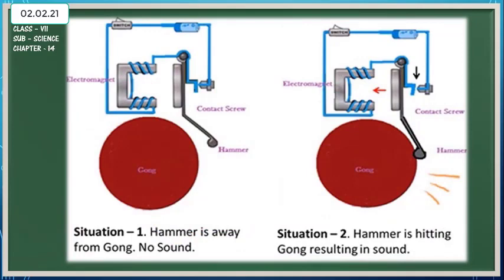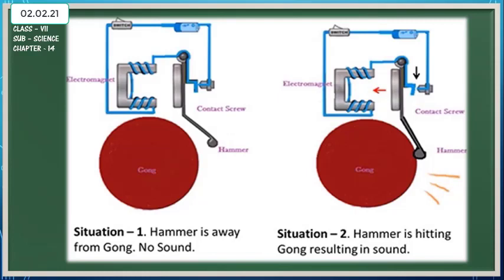As the hammer moves towards the iron piece, it moves away from the contact screw, which breaks the circuit. As the circuit breaks, the wire coil stops receiving any current, which makes the electromagnet lose its magnetic effect, and thus the hammer falls back to its original position.